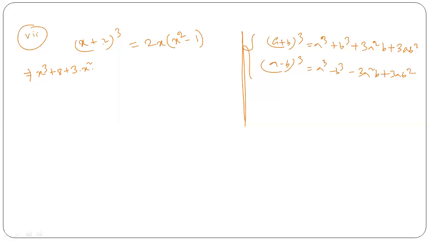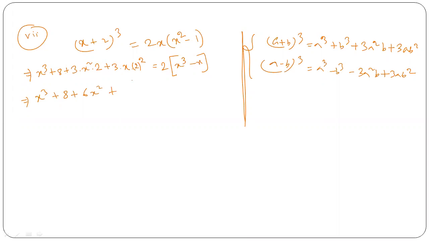What is b here? Not 8, b is 2. Then 3 x a b², that means 2². Now break this, it will be x³, x²·x³ − x. Now when you simplify, it will be x³ + 8 + 6x² plus how much?